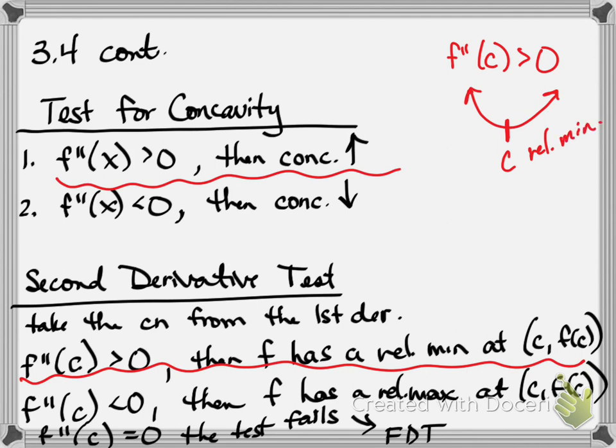It just takes a little more thought. If it's greater than 0, it's concave up, which does have a relative min. If it's less than 0, it's concave down, which shows a relative max. So it goes together. Let's try one out and see how this works.